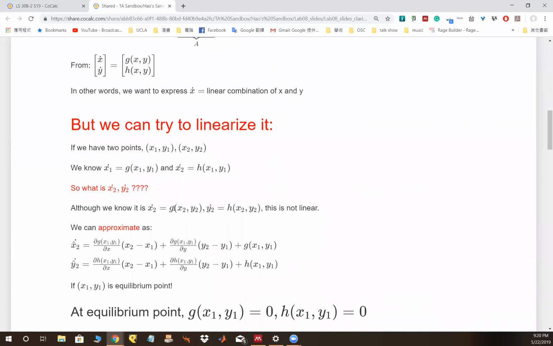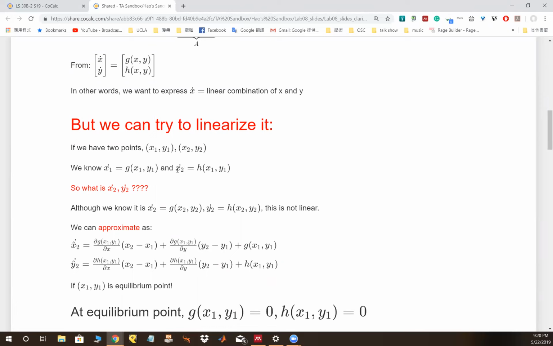So okay, what does that mean? Let's view it this way. Suppose you have 2 points, x1, y1 and x2, y2. You know x1 dot equals this function here; you just need to put in the current x, y you have. Here I use the first point. And here, sorry, a typo.